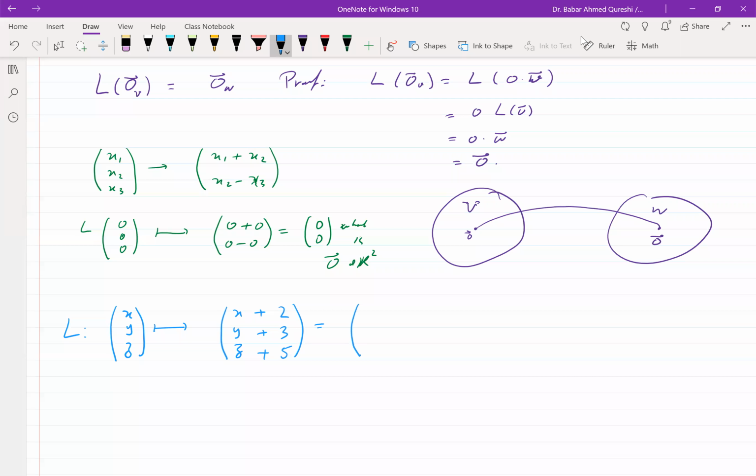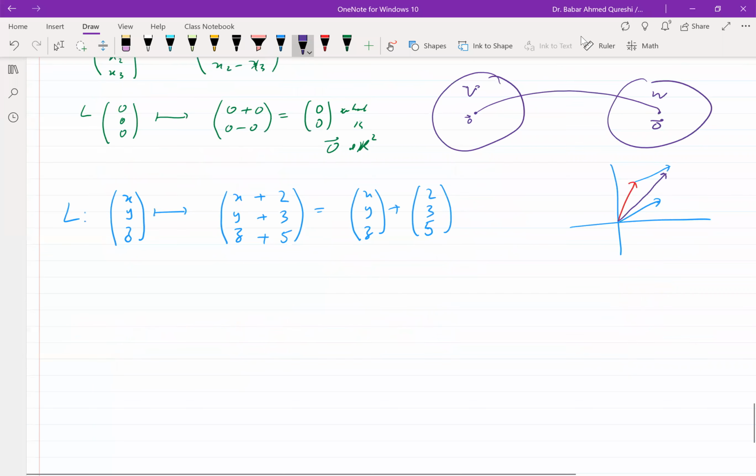What is this? I can think of it as adding a fixed vector to all my vectors. There's some fixed vector, I have chosen 2, 3, 5. I take any other vector that I want to transform, and all I do is add this fixed vector to it and get this new vector. Addition of one vector to all.